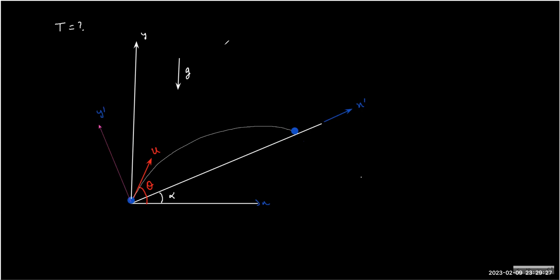Therefore I have to resolve everything in the y prime direction, whatever I am looking for. Who will help you in bringing it down? What is the component of velocity in that direction? u sin(theta minus alpha).